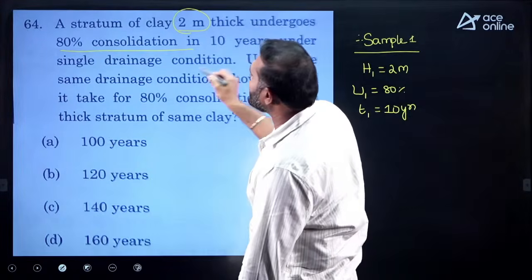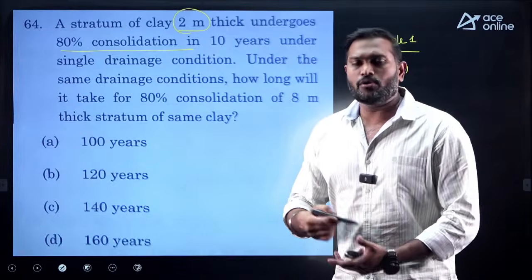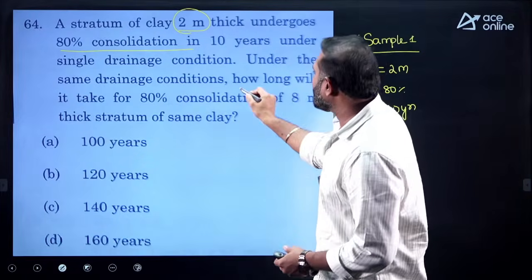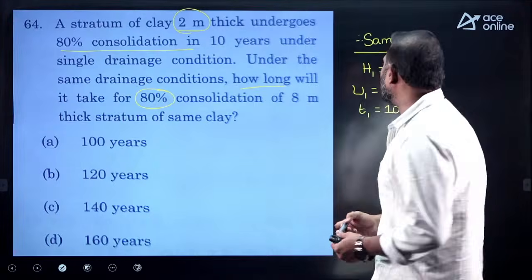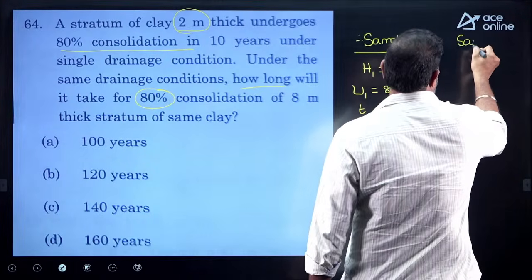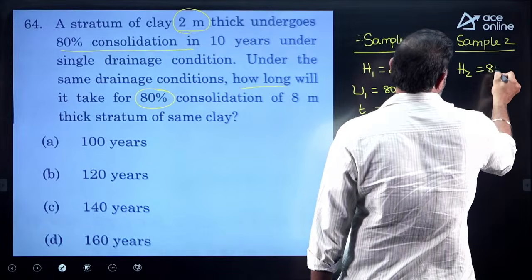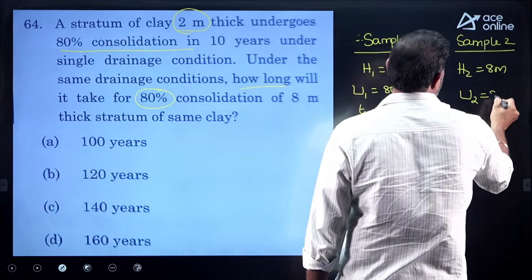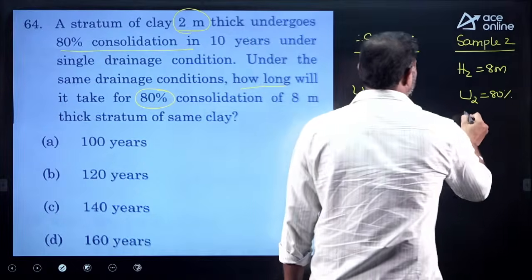Now under the same drainage condition, so you don't need to change the drainage path, how long will it take for 80% consolidation of an 8 meters thick stratum? So now sample 2 is 8 meters thick. Now the question is, for the same 80% consolidation, what is the time taken?